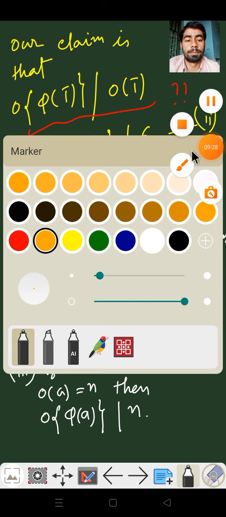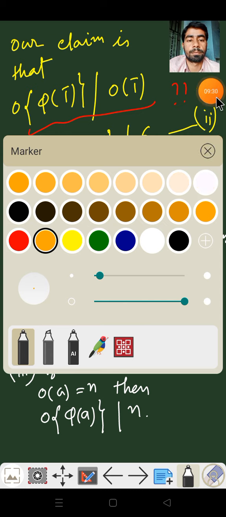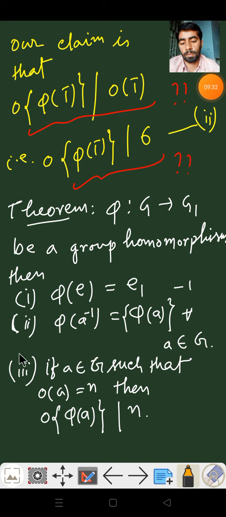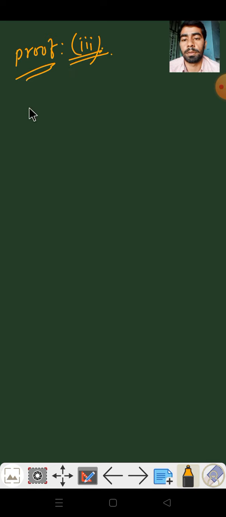I would like to prove only the last statement of this theorem. Now, this is the proof of part 3, the last portion.